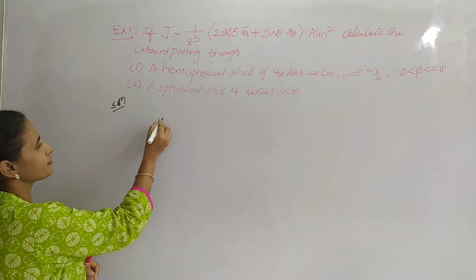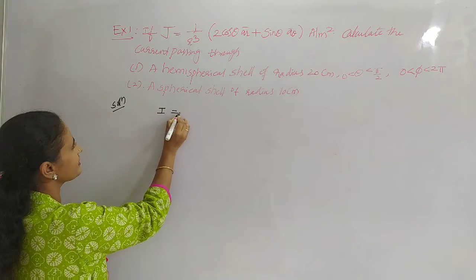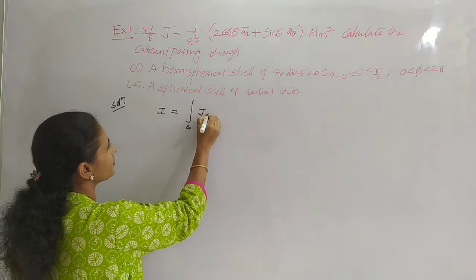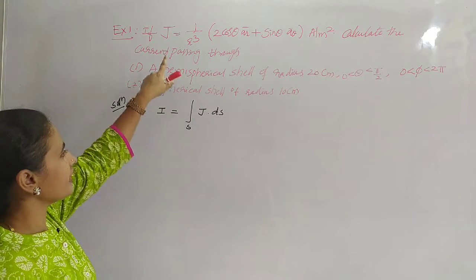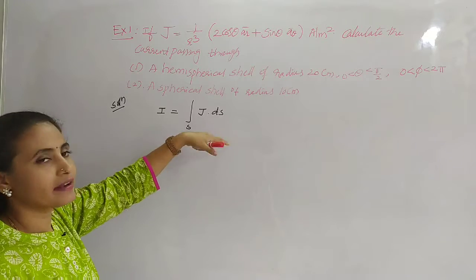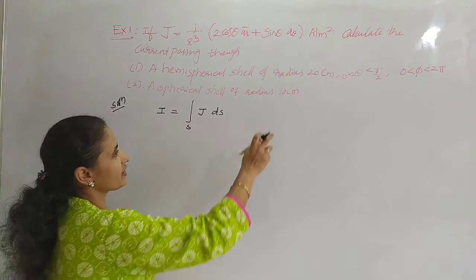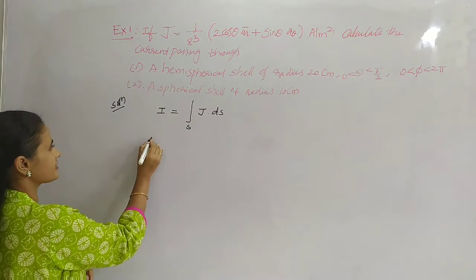So what is the relationship between the current and current density? We know that the current is given by the surface integral of J dot dS, the current density into dS, where J is given and dS is the differential surface normal to r. Since here we have radius, theta and phi, it is in the spherical coordinate system.